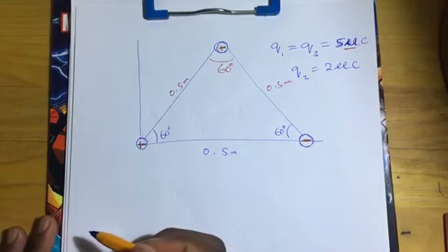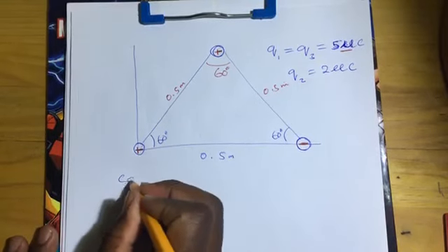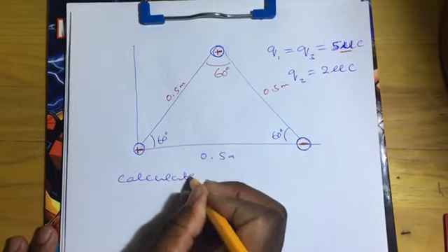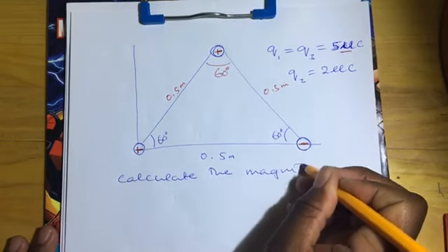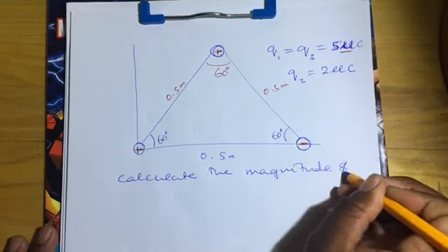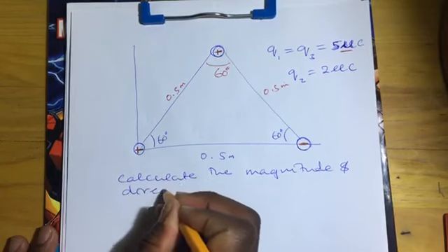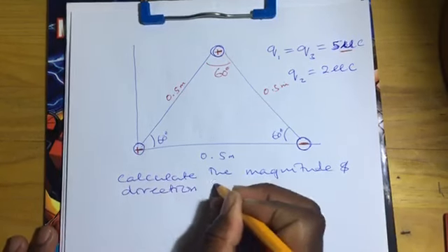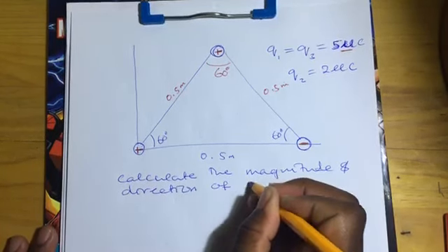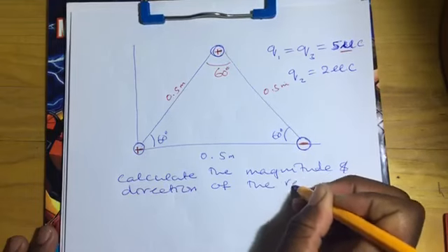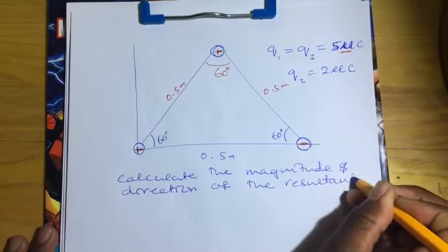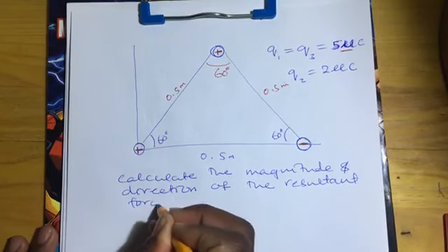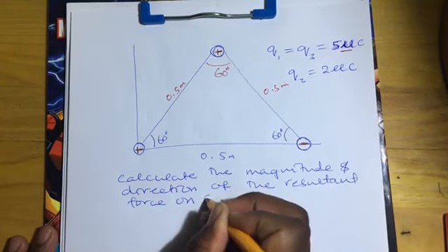So the question is, calculate the magnitude and direction of the resultant force on Q2.